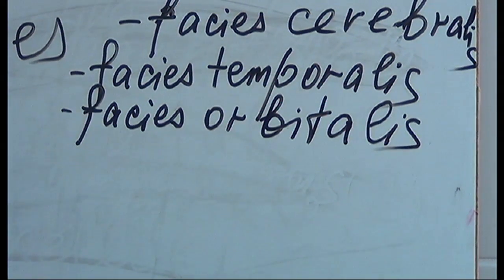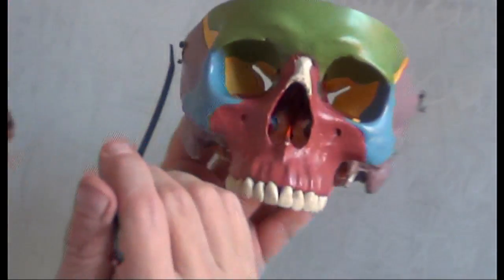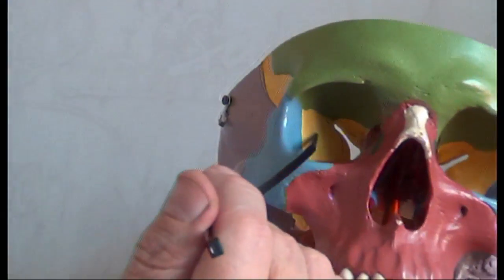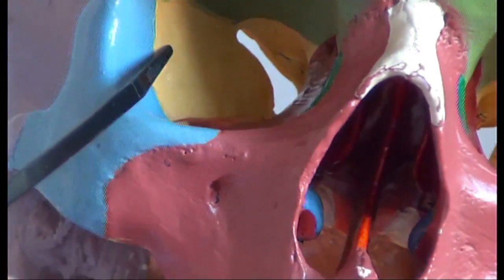Facies orbitalis. Again, facies temporalis, and now facies orbitalis. It's the lateral wall of the orbit.